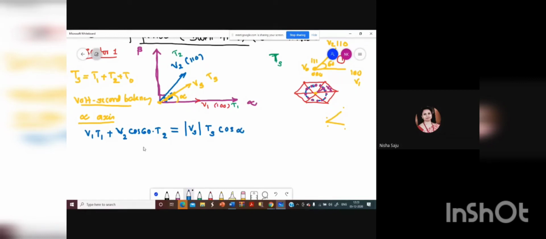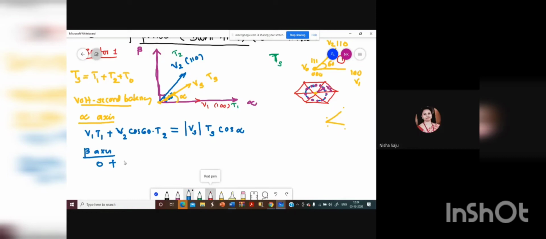Then corresponding to the beta axis, you have to take the vertical component. What is the vertical component of this? V1 is not having any vertical component because it is along the alpha axis. So no vertical component will be there for V1 T1. So you can take 0 plus, what about the vertical component corresponding to V2 T2? Since it is making an angle 60 degree, definitely you will be having V2 sin 60 into T2.